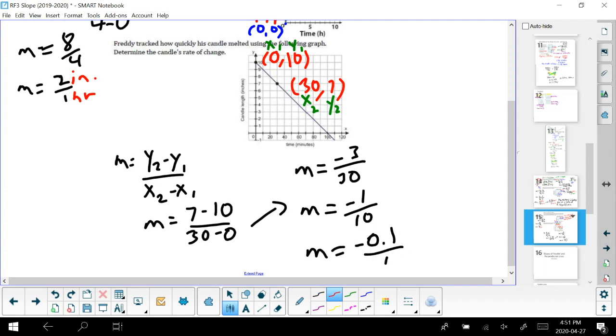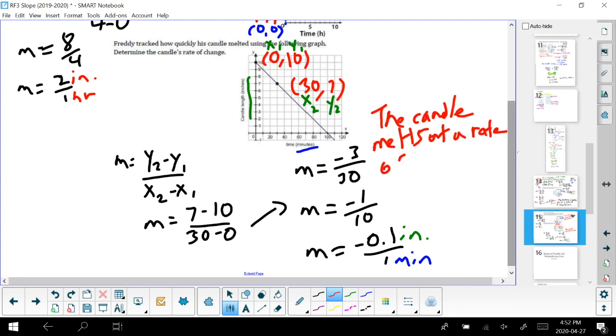Since the question is asking for a rate of change, we're looking for the context. We know that our change in y is going to be our candle length in inches. So this is negative 0.1 inches per 1 minute. So here we can state that the candle melts at a rate of 0.1 inches per minute.